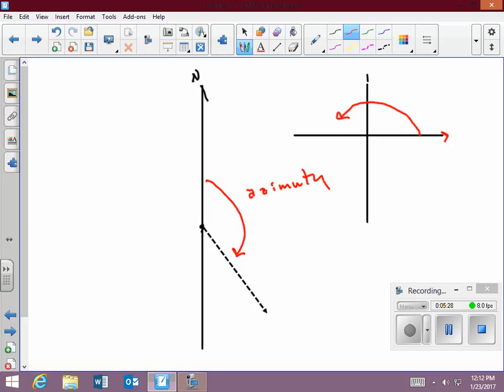It goes counterclockwise for positive, and negative is clockwise. So you got to kind of know what it is.